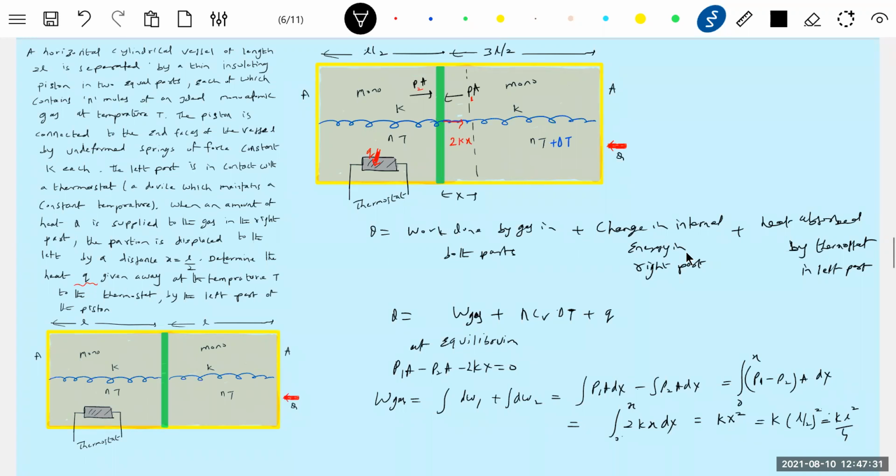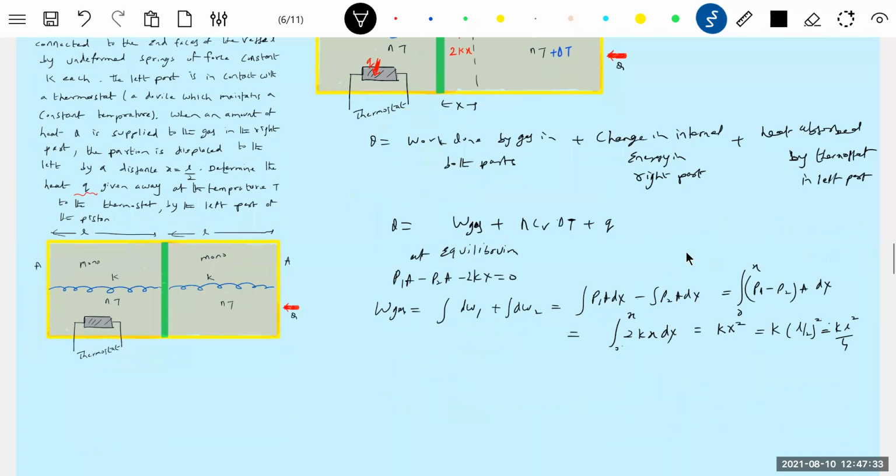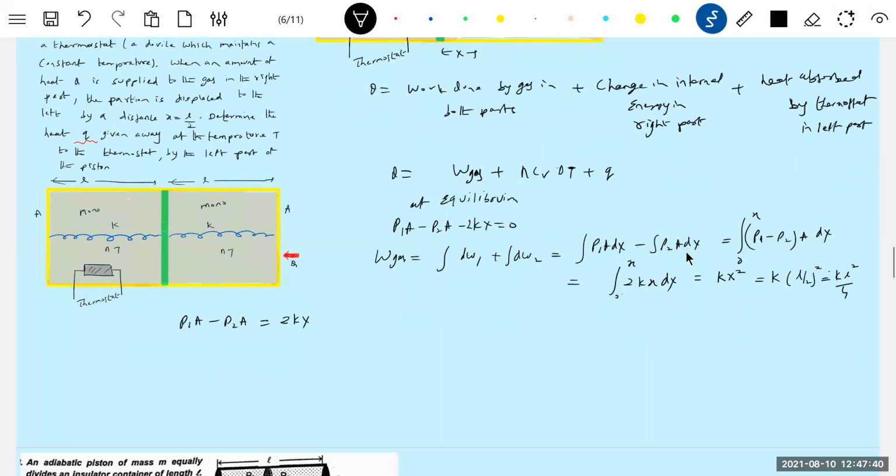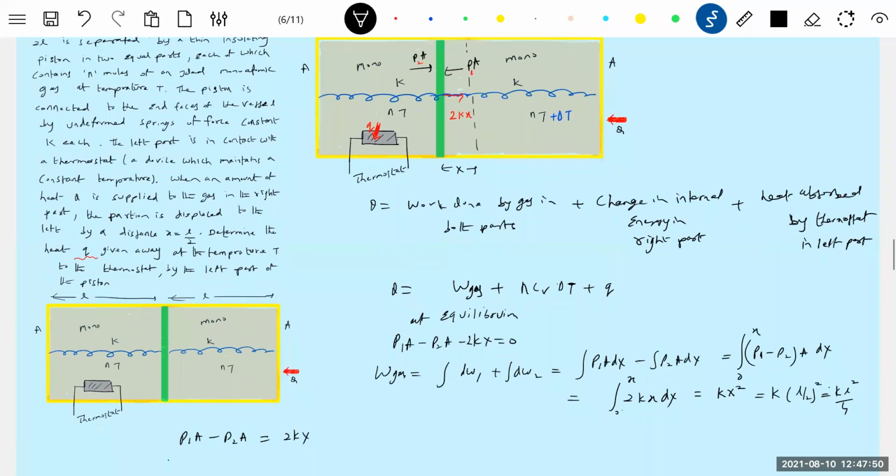Again, I'll take help of the same equation only. At equilibrium, P1A. There's a very basic fundamental thing being reflected. What is P1? P1 should be equal to the pressure P1 we took on the right side.